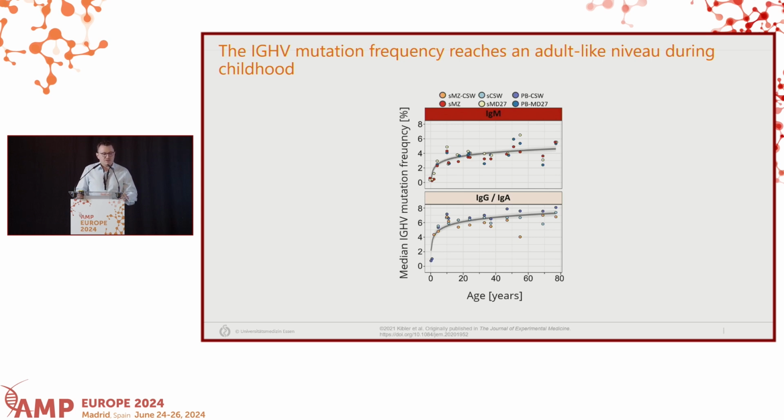However, what you can also see is that we reach a plateau roughly between 10 and 20 years. After that, the median mutation frequency doesn't change so much in the memory compartments. However, IgM and class-switched compartments differ in their median mutation frequency, as you can see. While the frequency is around 4% for the IgM compartment, it's roughly 6 to 8% for the class-switched memory B cell subsets, both in spleen and blood.